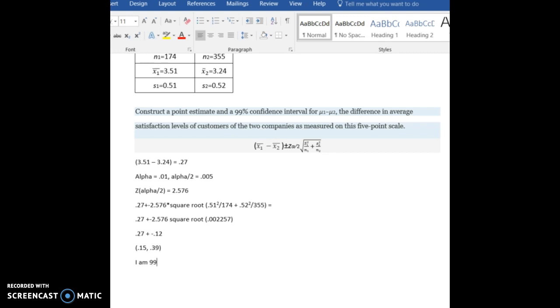I am 99% confident the true difference in average satisfaction levels of customers of the two companies is between 0.15 and 0.39. And there we go.